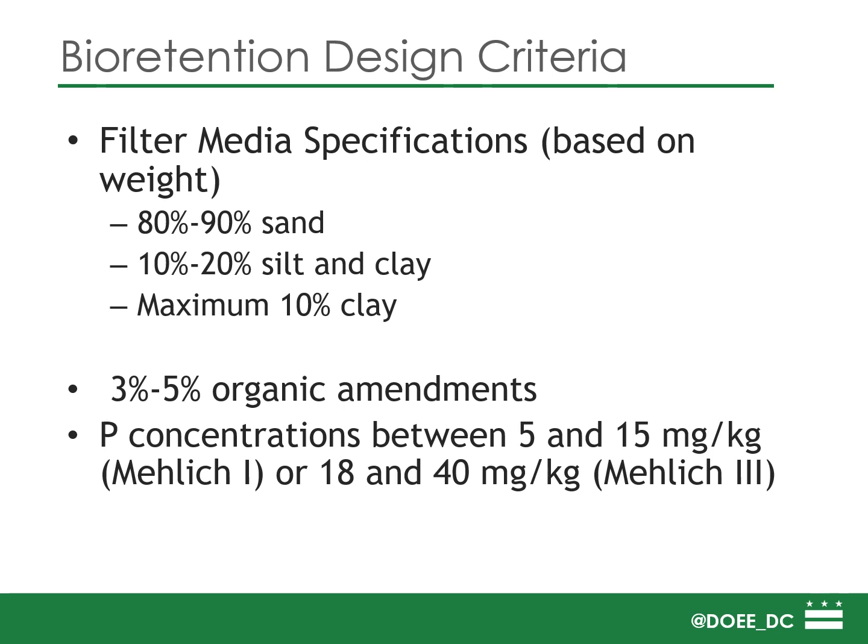So the organic amendment requirements and the phosphorus concentration requirements are there to make sure that there's not too much nutrient in the media itself, so that the bioretention doesn't act as a pollutant source, right? Some organic material needs to be there to establish the plants, but the idea is that the bioretention ought to be able to function as a sink, as a way of taking up the nutrients that are in the runoff, not as a source of pollution to downstream waters.